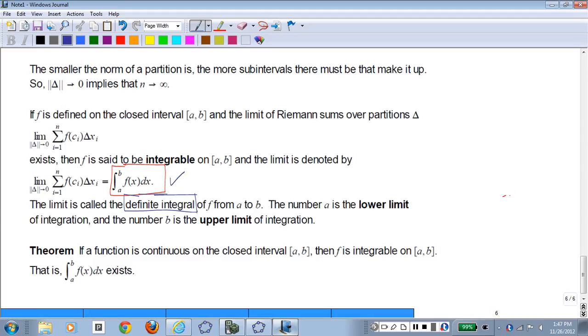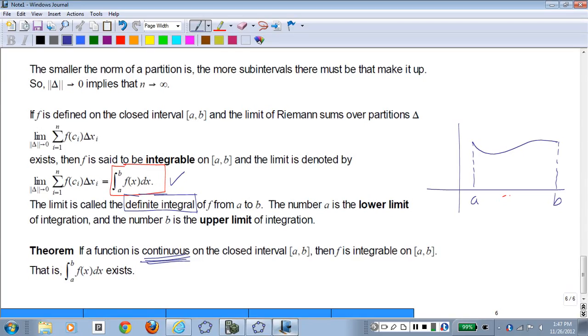We have a theorem. I'm not going to prove the theorem, but we have a theorem. If a function is continuous on the closed interval, then it is integrable on that closed interval. What it means for us is that if we have a continuous function, there's a and there's b, then that area is defined to be this limit, and it's actually well defined.